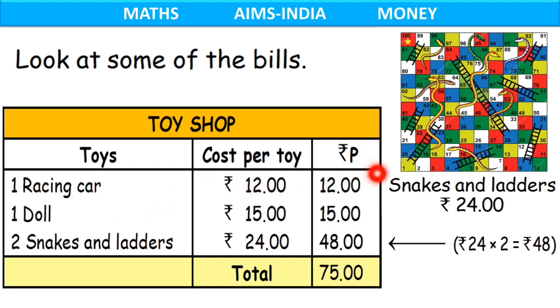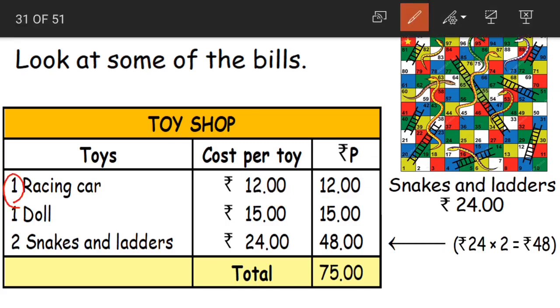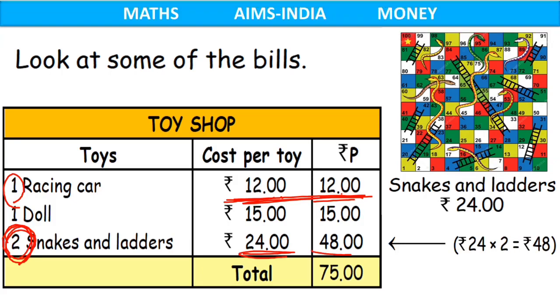Then we'll have the total rate, that is the number of items that we have taken multiplied with the cost per item. If you buy only one item, then the cost per item and the total rate would be the same. If you are buying more, then the cost will be multiplied by the number of items.